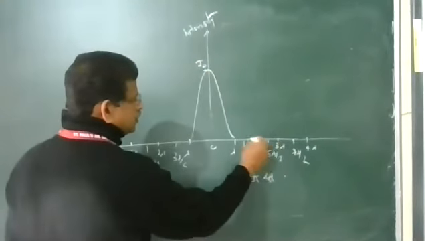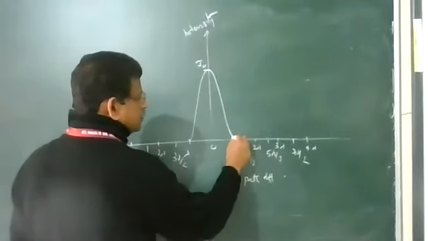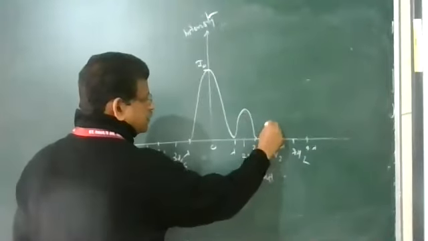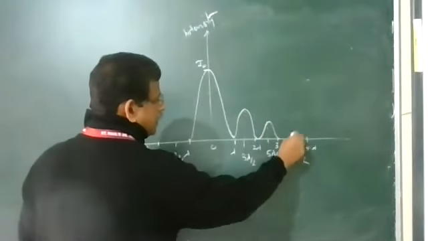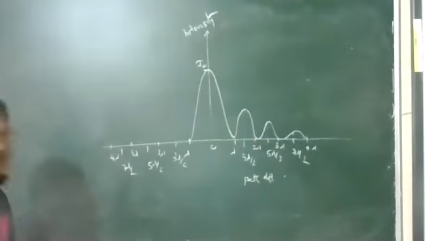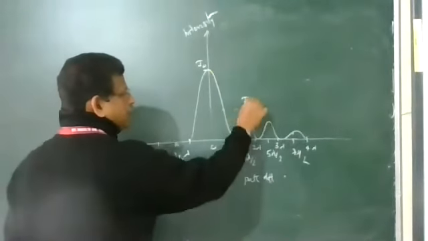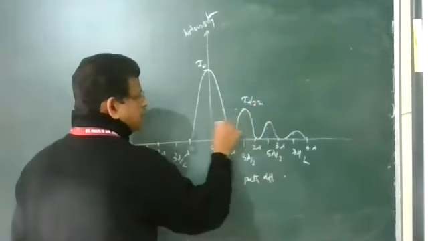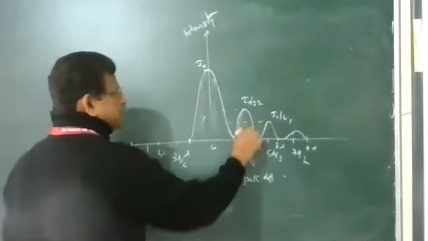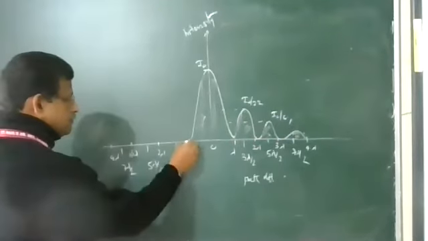Then the next one is the 3 lambda by 2 maximum, and then 5 lambda by 2 again, with minima in between. So this is the way it goes. This is I0, this will be equal to I0 by 22, and this will be equal to I0 by 61. This is the variation of intensity with path difference for the diffraction pattern.